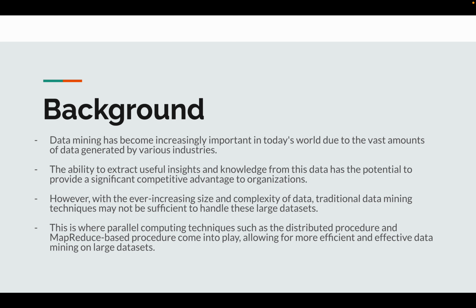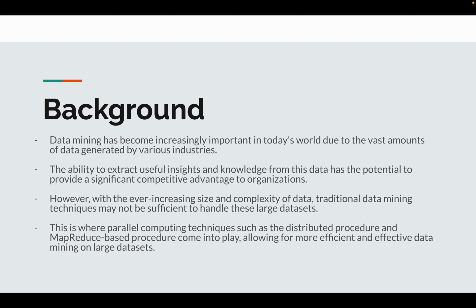There are two main methodologies for utilizing parallel computing in big data: the distributed procedure and the MapReduce based procedure. The distributed procedure involves manually dividing a large dataset into subsets, each handled by a specific learning model on a single machine, with the final results combined.